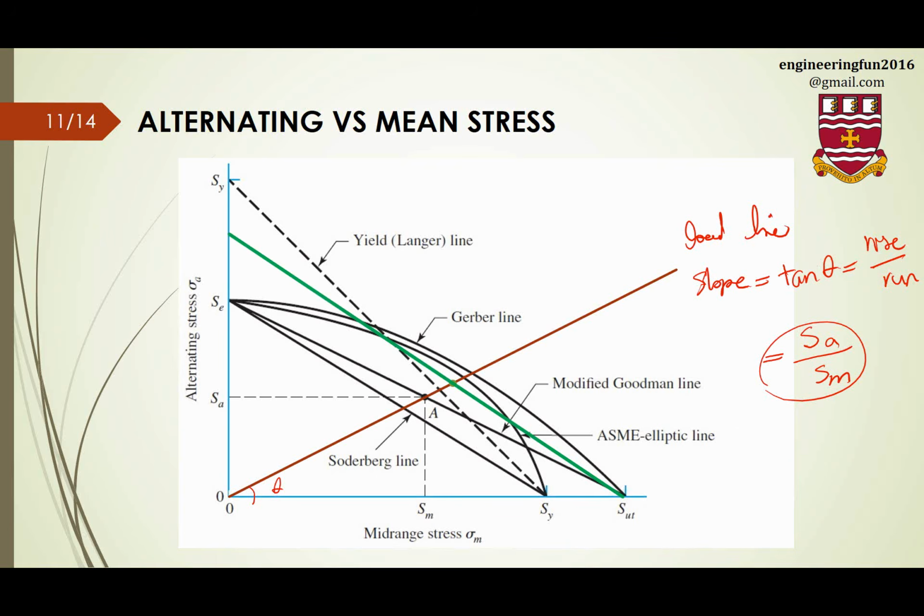If I draw a line from SUT passing our load point, the intersect between that line and the alternating stress axis is going to give us the reverse stress, a completely reversed stress. If you want to find the completely reversed stress based on a diagram, which you were asked in your tutorial problem last week, you need to draw a line here and report this number.